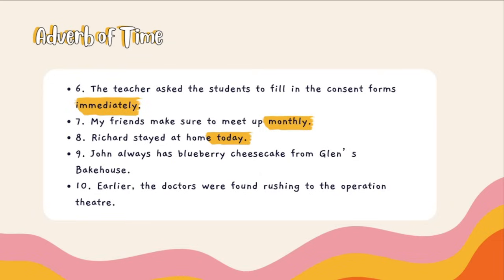John always has a blueberry cheesecake from Glenn's Baked House. It answered the question when. So when does John have a blueberry cheesecake? Always. So always is also an example of an adverb of time.